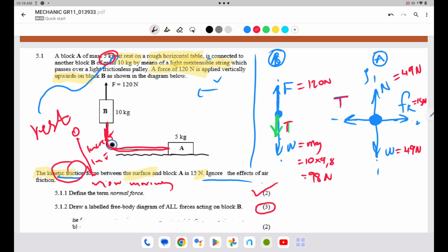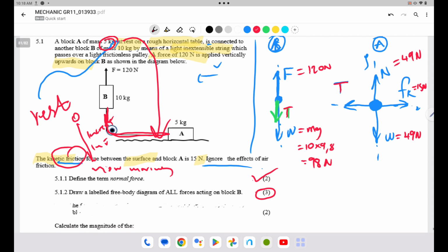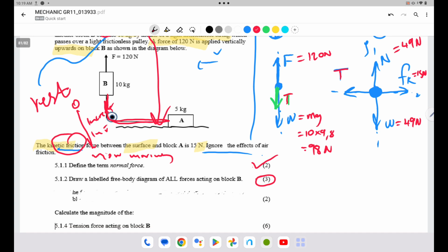So clearly, this object is accelerating. Both objects A and B are accelerating. Then we rule out Newton's first law, and we apply Newton's second law. Never assume that the system is moving with constant velocity or the system remains at rest. Over here, we started with rest. It is now moving. So clearly, the system is accelerating. If you are unsure, you can always start with Newton's second law.